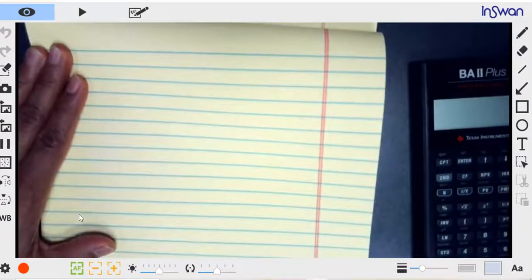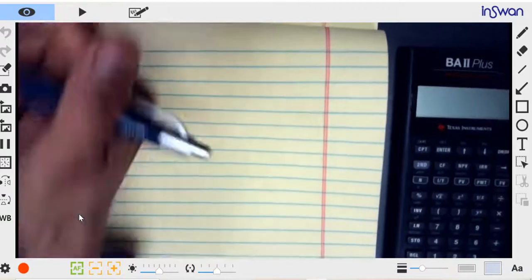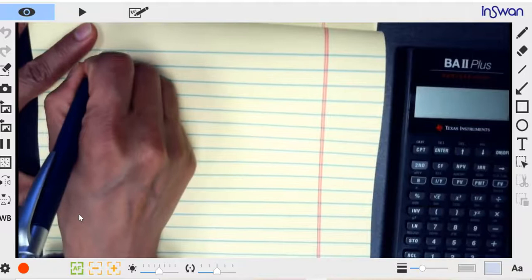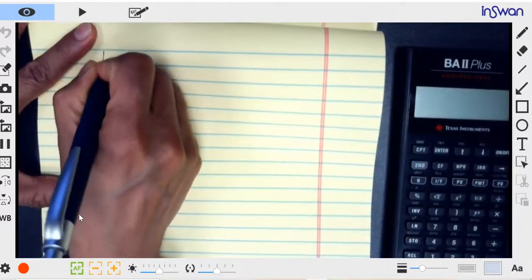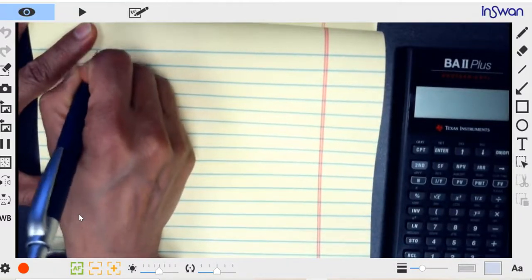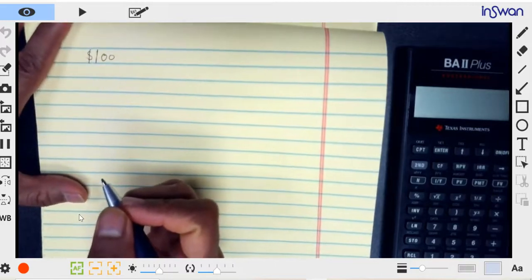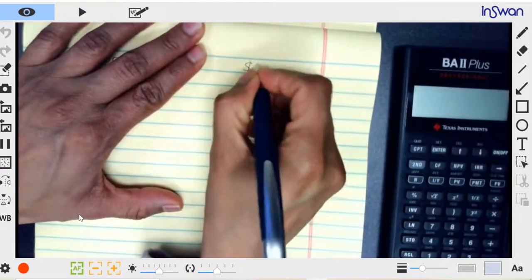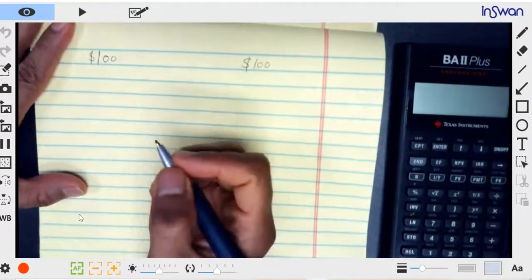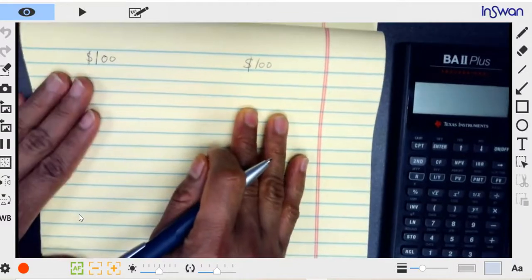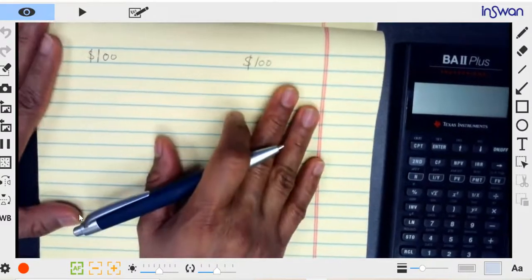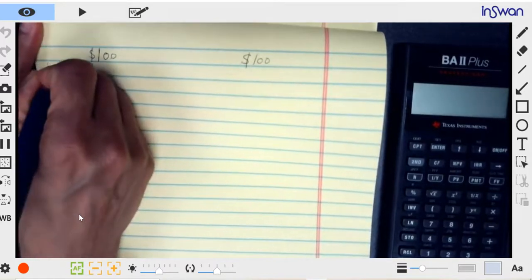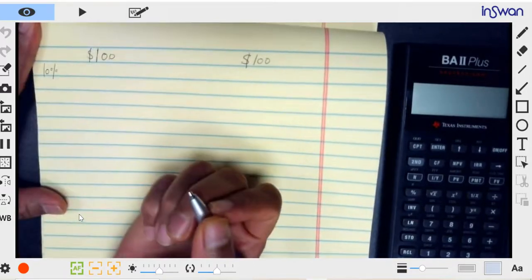Okay, so let me give you a very simple example. Let's say you have $100. You invest your $100 today, and your friend also has $100. Both of you invest your $100 today. Both of you are earning a 10% interest rate.